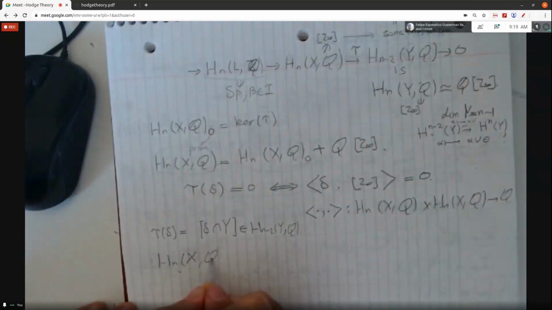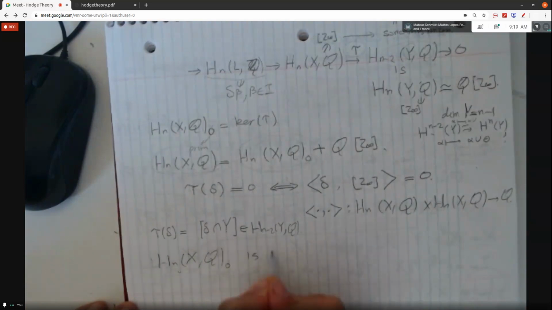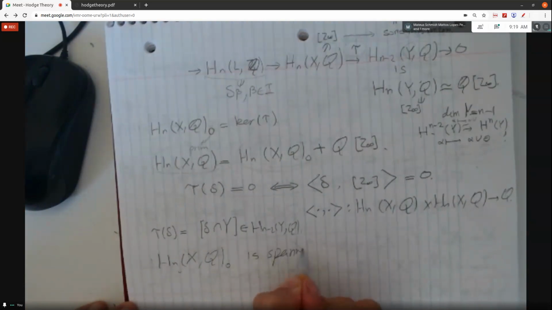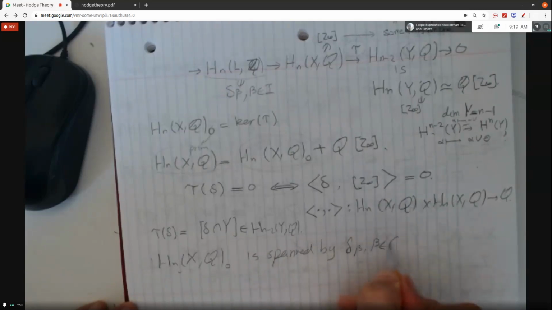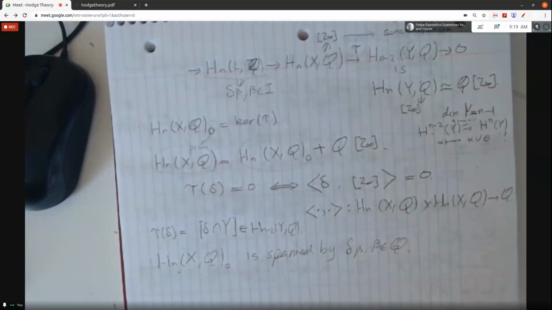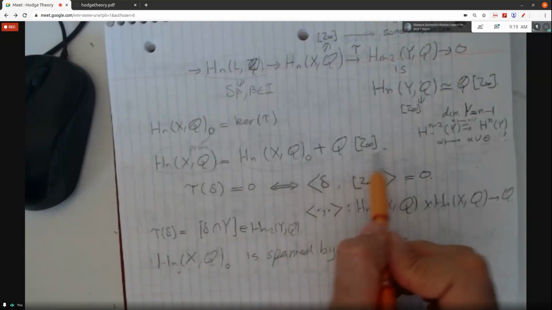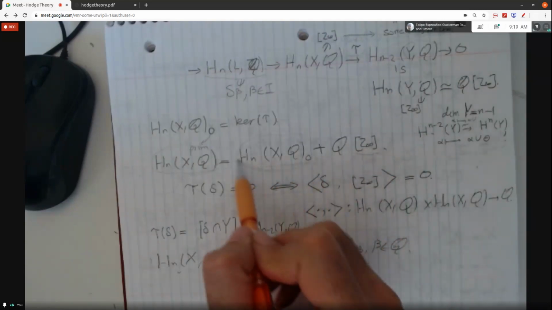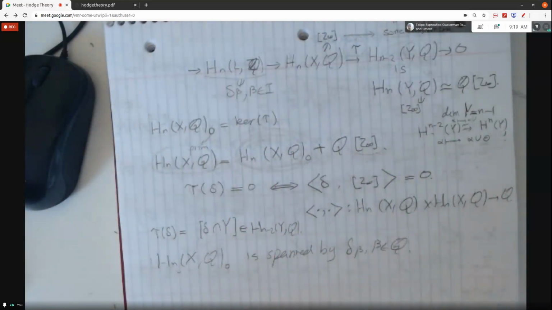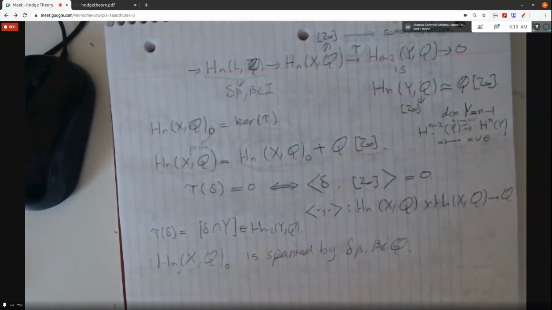H_n(X) primitive is spanned by delta beta. And anyway, this means that at the end, since this guy is already algebraic, in order to understand Hodge cycles, I have to just focus on this part.